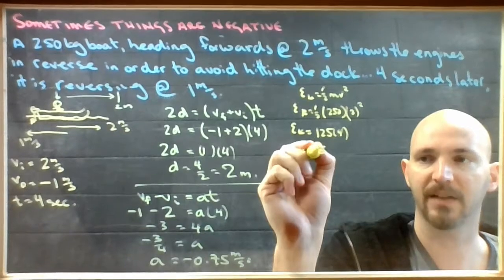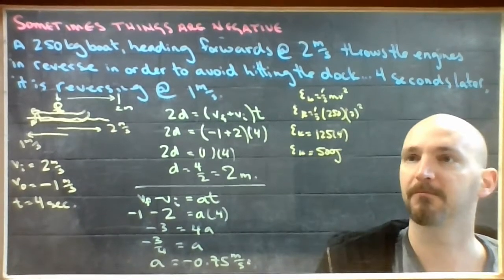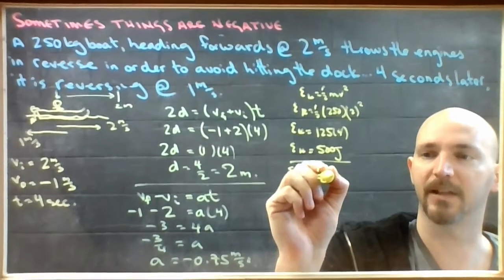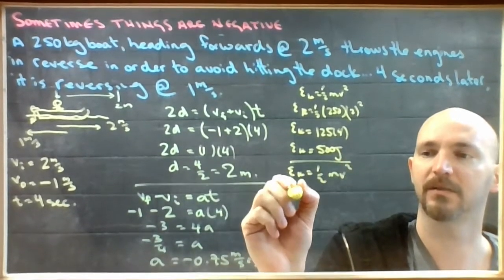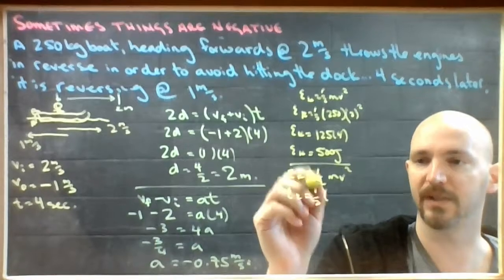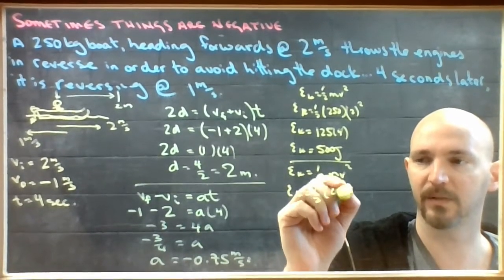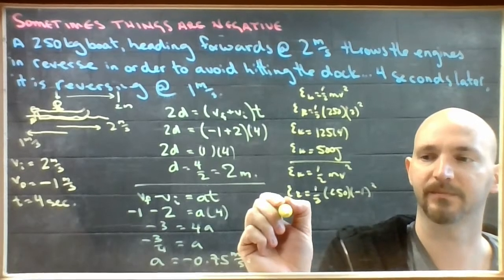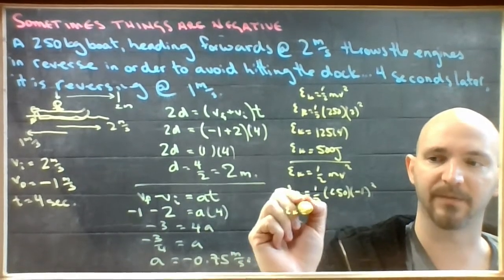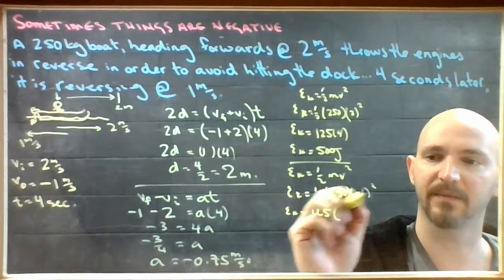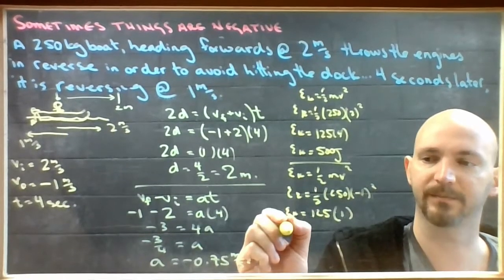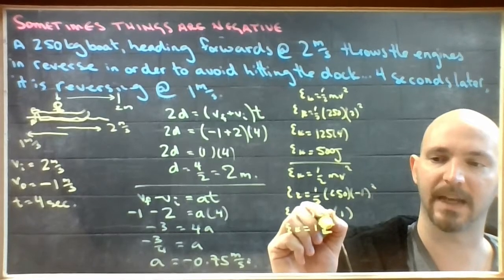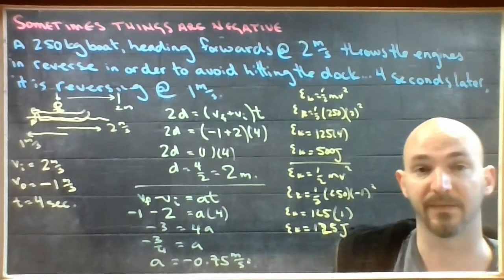That would be 500 joules. Energy at the end, 1/2 mv squared, 1/2 of the 250 kilograms, and the final speed is -1 squared. Half of 250 is 125, and -1 squared is 1. So the energy at the end is 125 joules.